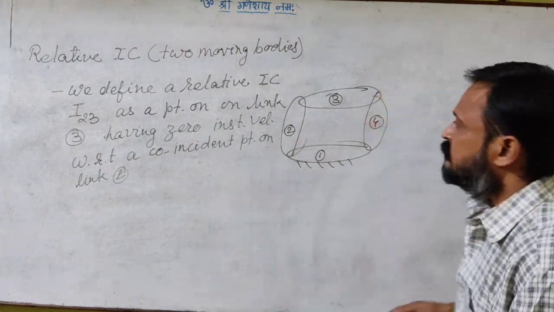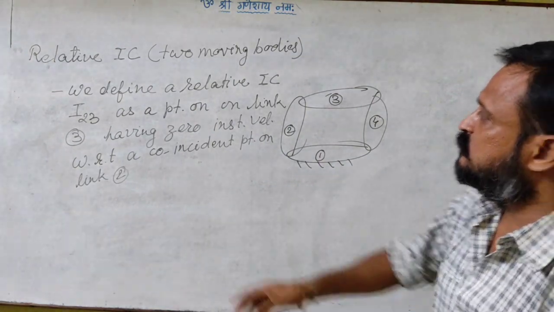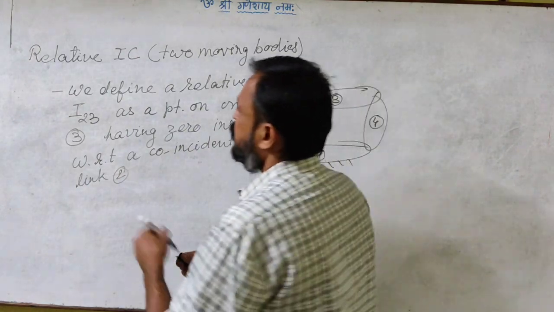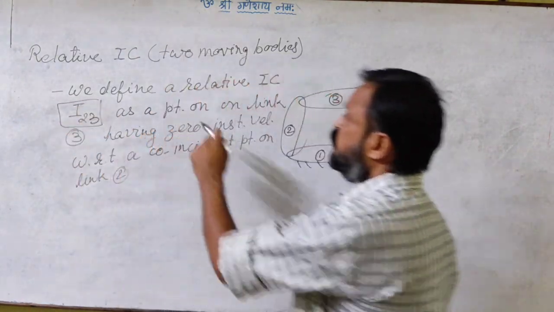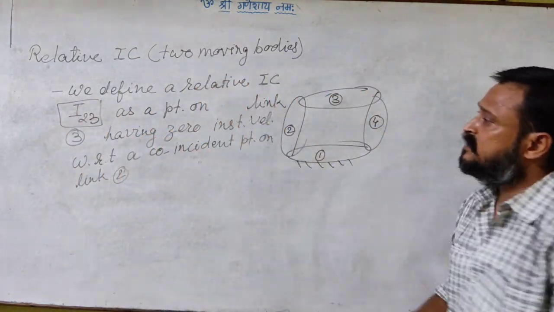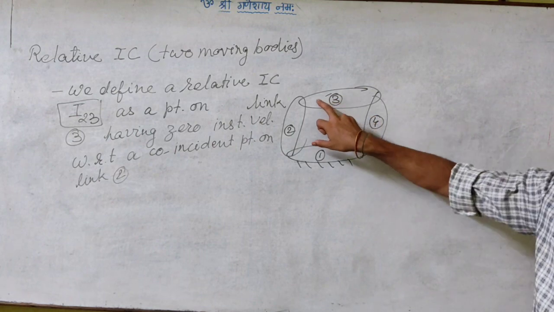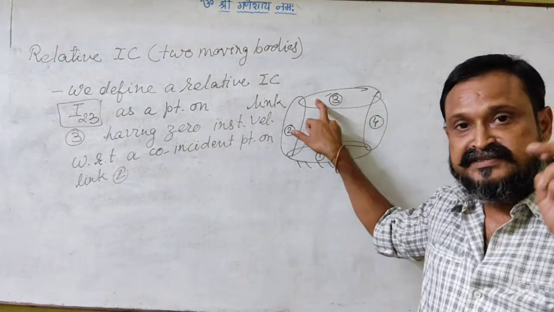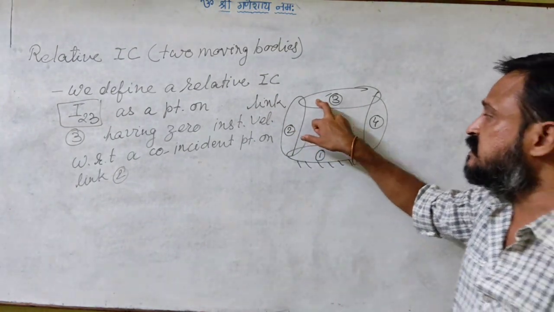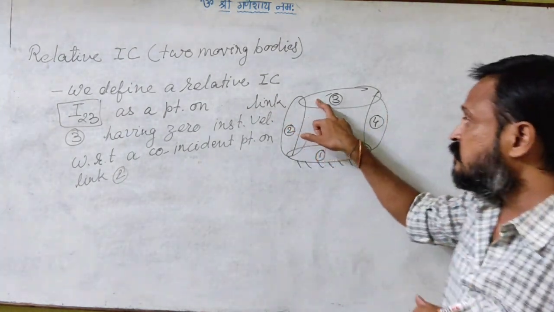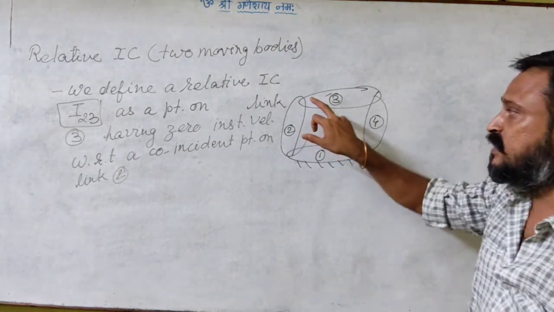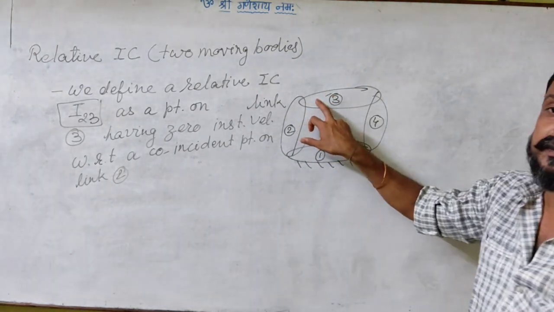So that is how we can say. We can define a relative instantaneous center I23 as a point on link number 3, having the instantaneous relative velocity to be 0 with respect to a coincident point at this instant on link 2.